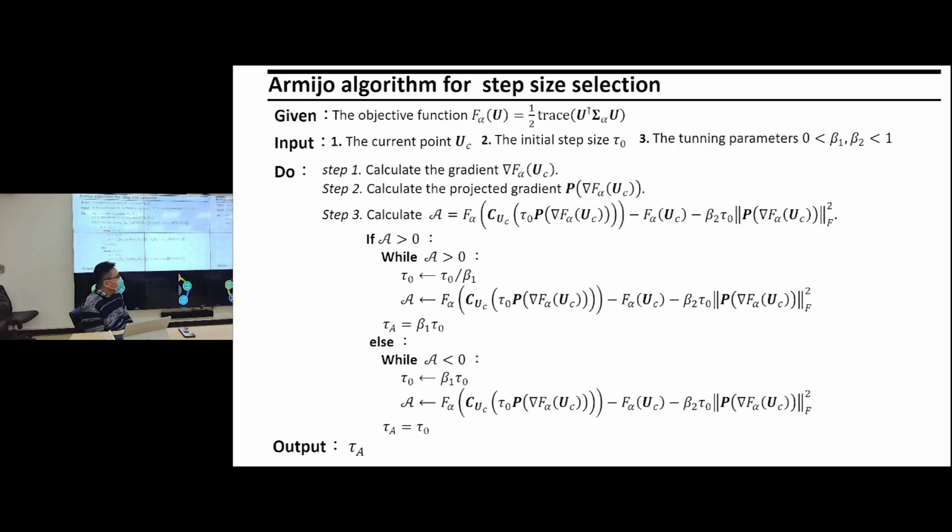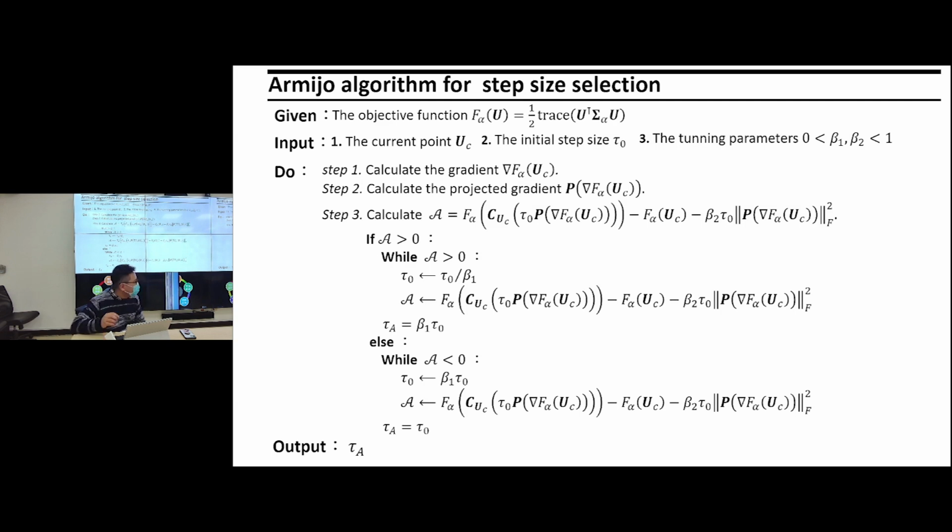If the Armijo-Hall value A is positive, which means we have to lengthen the step size, we update tau 0 by tau 0 over beta 1, and update the Armijo-Hall value A, until the Armijo-Hall value A is negative.